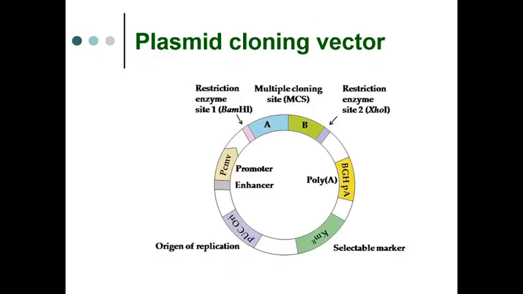Here is the diagrammatic representation of the plasmid cloning vector of the bacteria, and the sites A and B that are shown are the multiple cloning site, called MCS, which has restriction sites on either side.